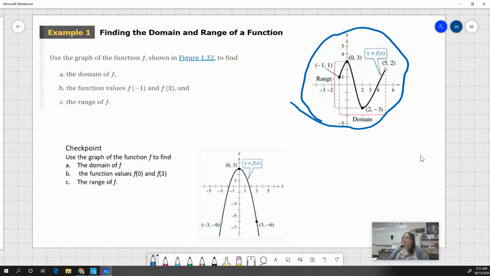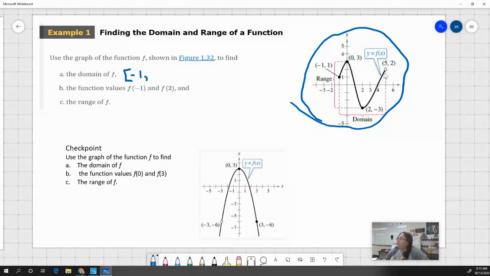For this one, it's saying the domain of f. And the domain can be absolutely anything that our x can be. But if you notice in this section, our x ranges from -1, right, with a closed circle. So our domain is going to be bracket -1. That closed circle, if you guys remember, means that we're actually including that number, right?